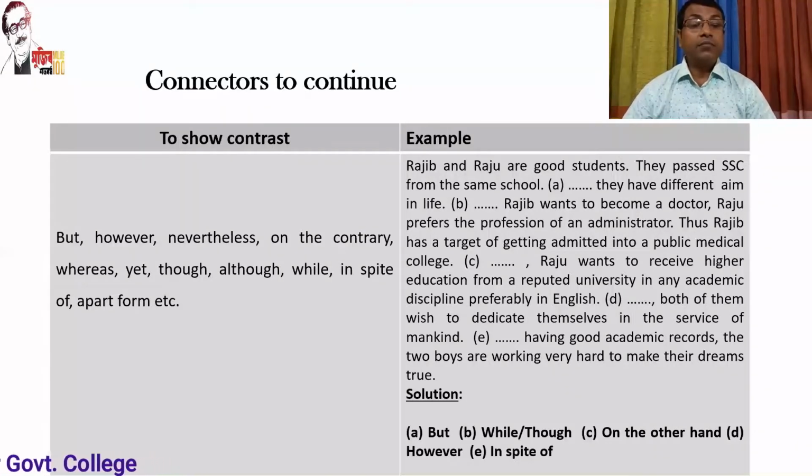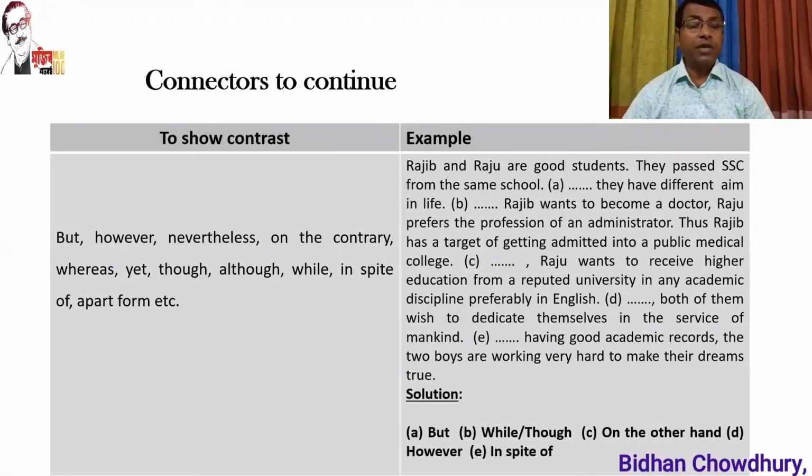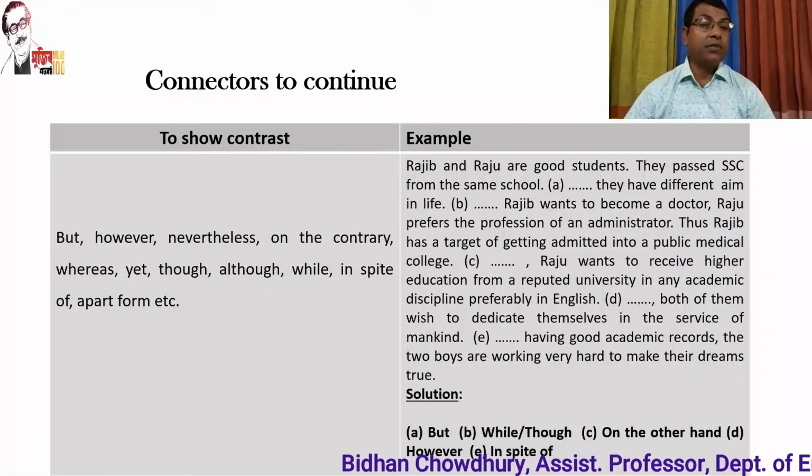To use the right connector in the right place, it is very essential to know the meaning of the sentence. And very often our students fail to make out the true meaning of the passage, and if they can't understand the meaning, it is quite difficult to use the right connector in the right place.